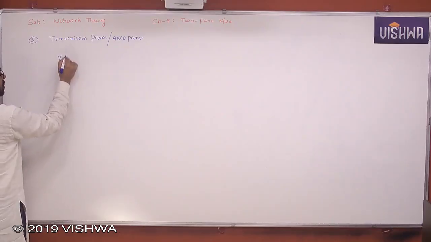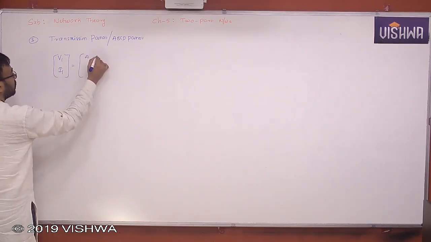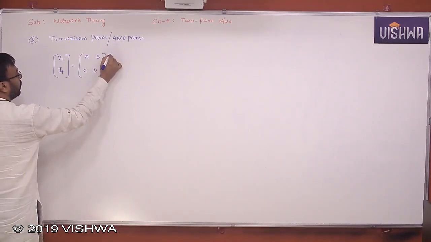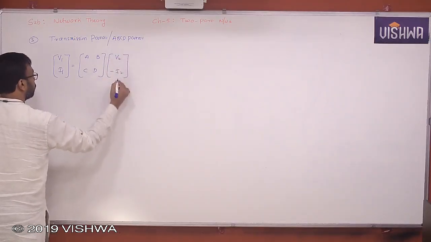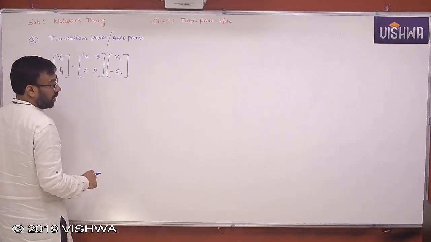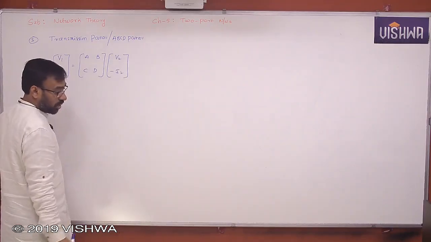V1, I1 is expressed in terms of V2, I2, but V2 minus I2 we take. This minus sign is taken for our convenience because in a two-port network at the receiving end, we generally inject the current in the analysis point of view.